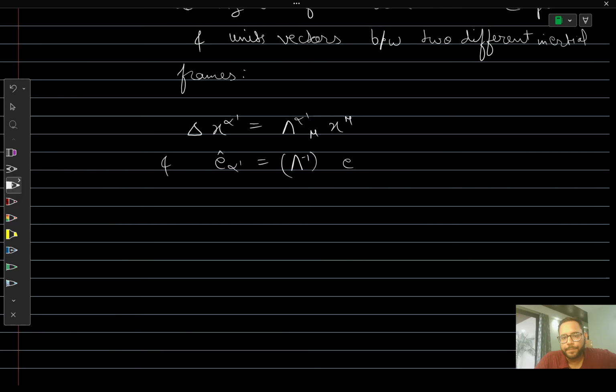So this is mu alpha prime and this is mu. Okay, this is the set when going from S to S prime frame.